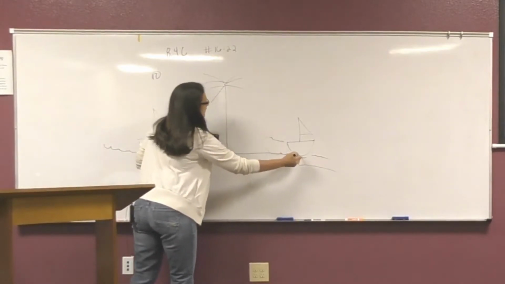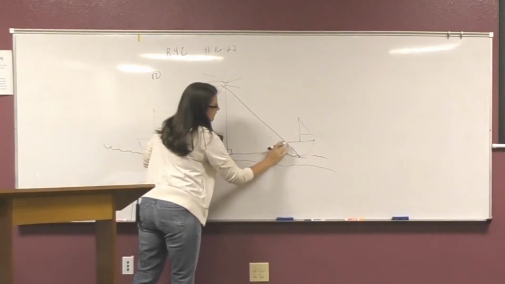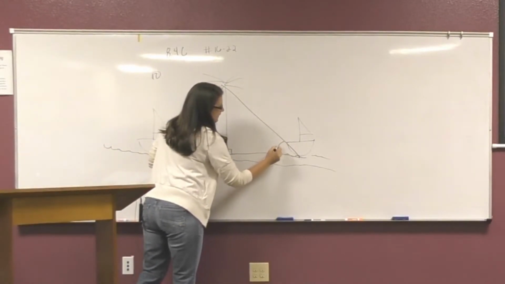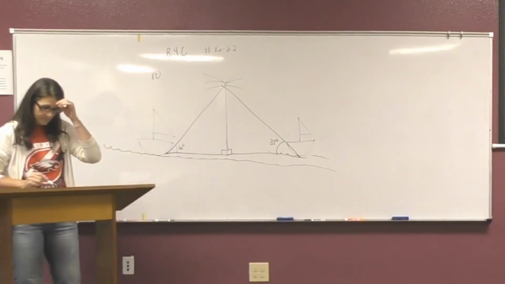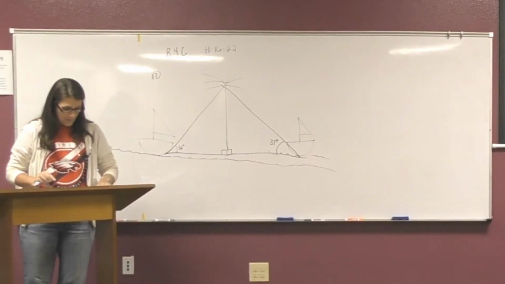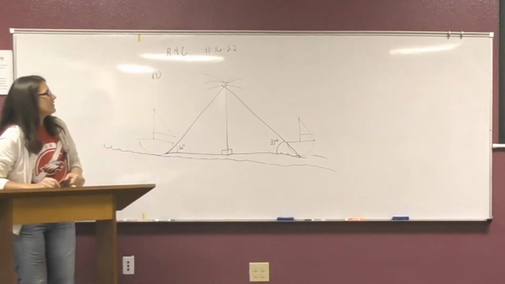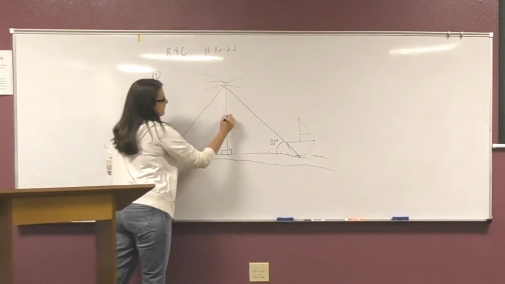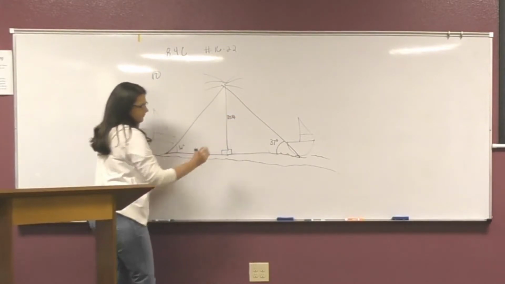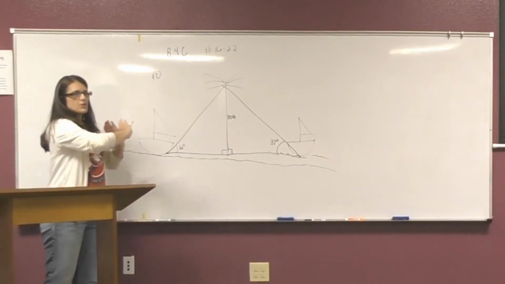So make another right triangle. So he's looking up 37 degrees. So obviously he's a little closer. But okay, if the lighthouse is 75 feet tall, this is my lighthouse right here. This is 75 feet. How far away are the boats from each other?